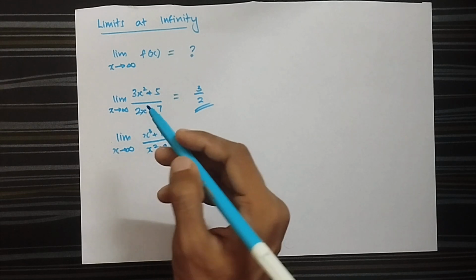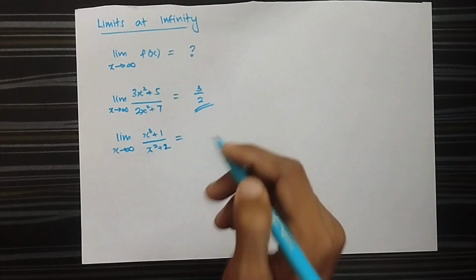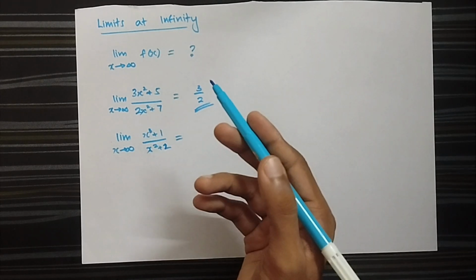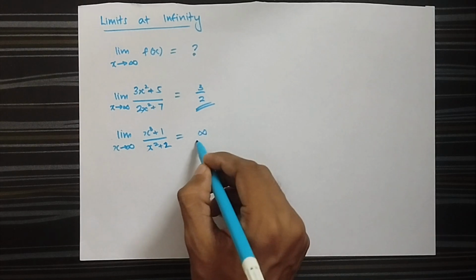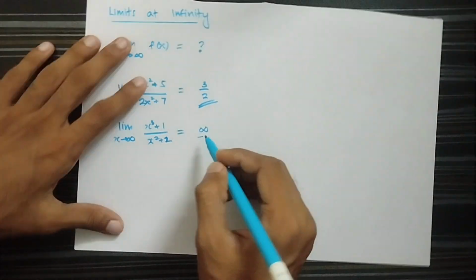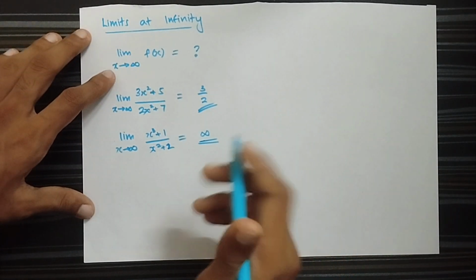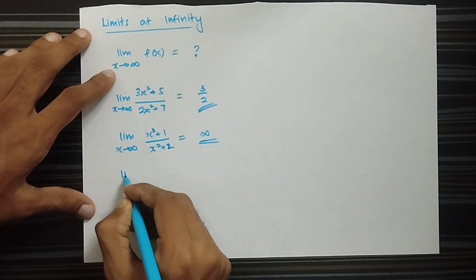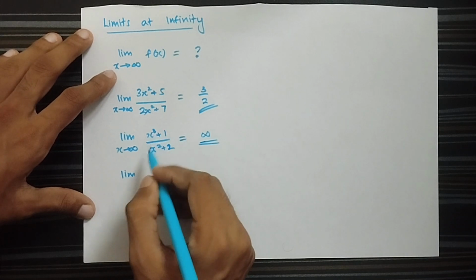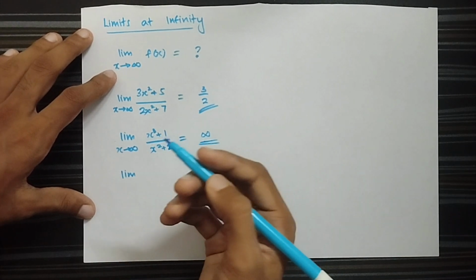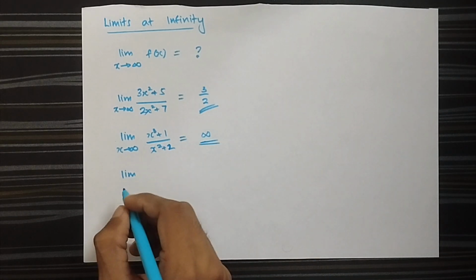So 3 is the higher degree; the numerator degree is higher than the denominator. For these examples, when the denominator degree is less than that of the numerator, the answer is infinity. We can't actually proclaim this as an answer, but we just write the result as infinity. So when x tends to infinity for a rational function where the degree of the numerator is greater than that of the denominator, the answer is infinity.